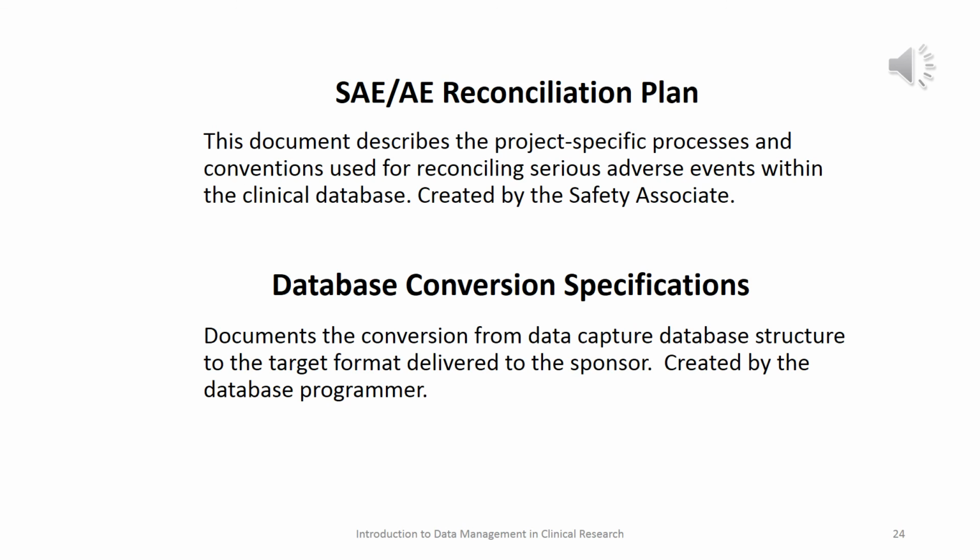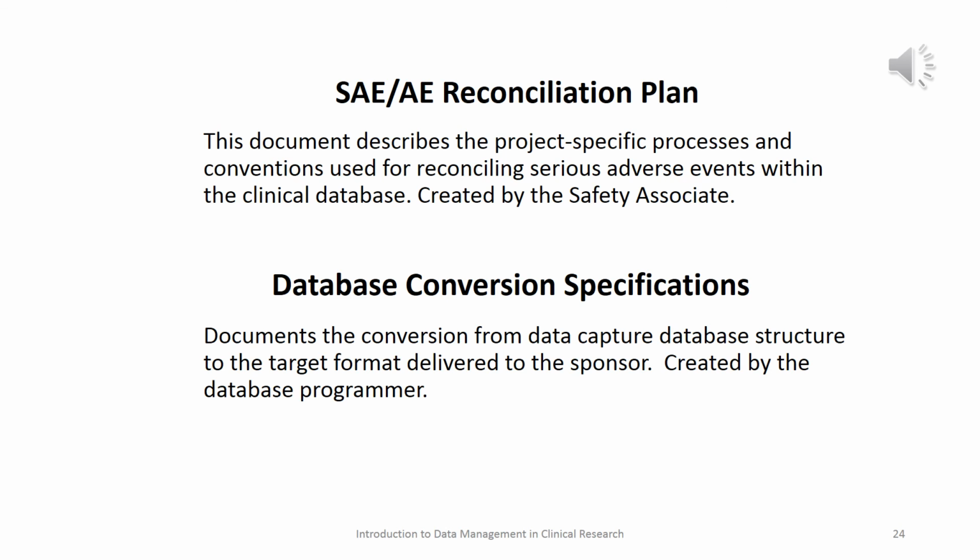Next, we have our serious adverse event and adverse event reconciliation plan. This document is going to describe the project-specific processes and conventions used for reconciling serious adverse events within the clinical database. It's going to be collected or created by someone from our safety team.